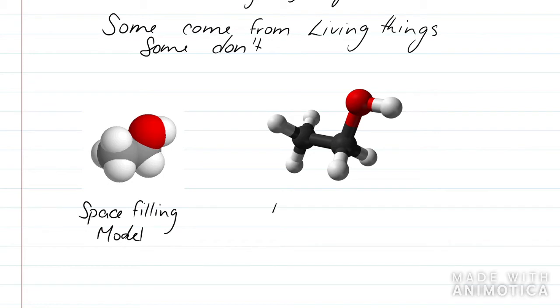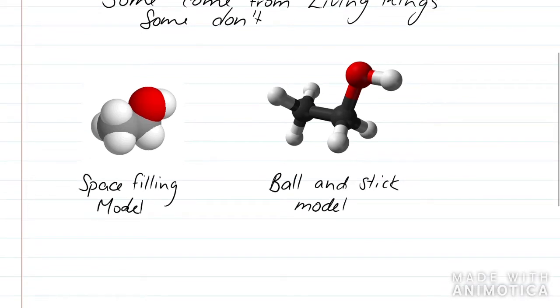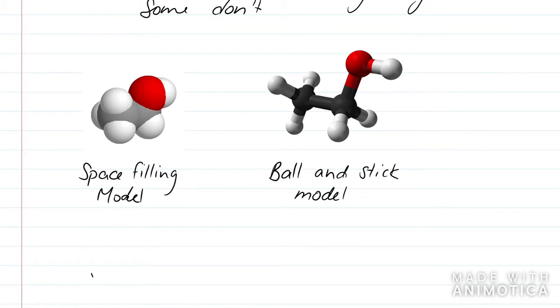This is called a ball and stick model, for obvious reasons. There are two different ways you can also see them: the structural model, and the molecular model.